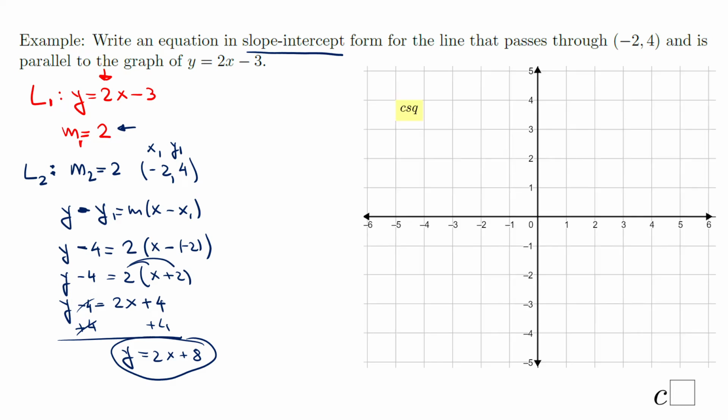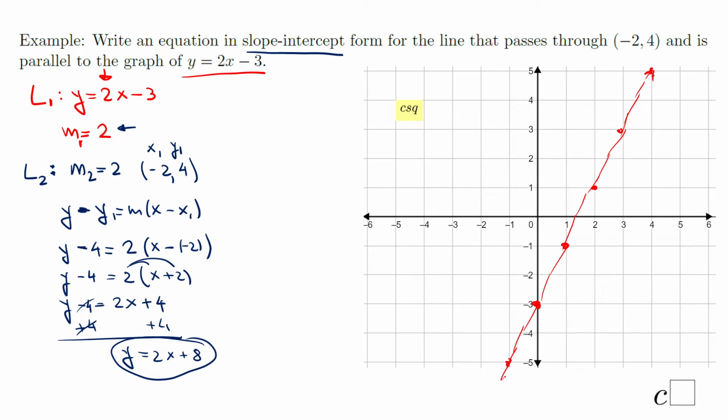Here on the right side I have a grid, and I want you to see what we have done here graphically. So this line y equals 2x minus 3, I'm going to go to negative 3, the y-intercept, then go 2 up, 1 right. I can follow this pattern to get more points, just to be accurate, and this is the line. Of course you may want to use a ruler if it's possible.